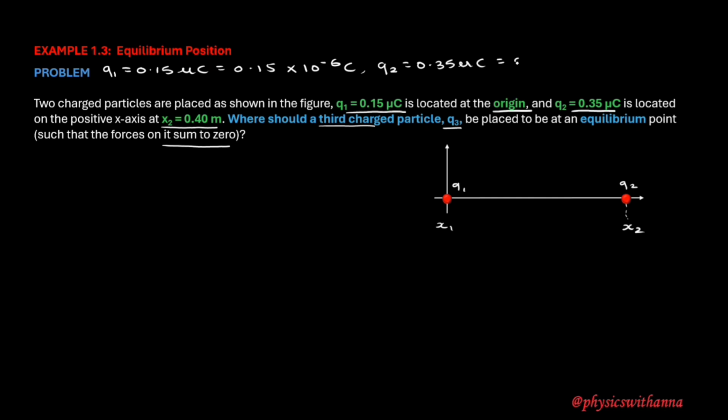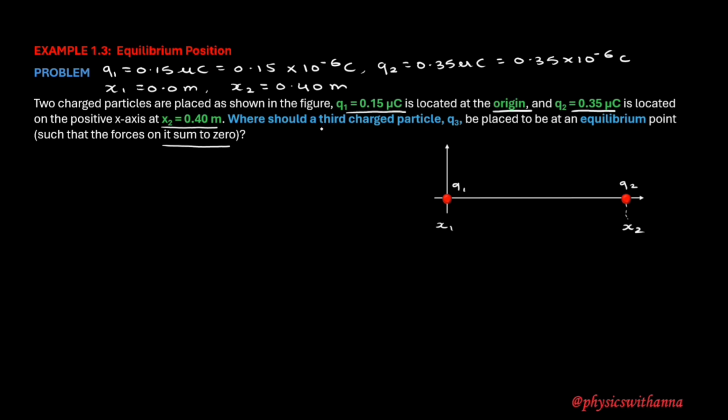That becomes equal to 0.35 times 10 to the power negative 6 coulomb. Position of charge Q1 is given as x1, and x1 is at origin, so we write its position to be equal to 0, whereas charge Q2 is placed at x2, and x2 is given as 0.40 meter.